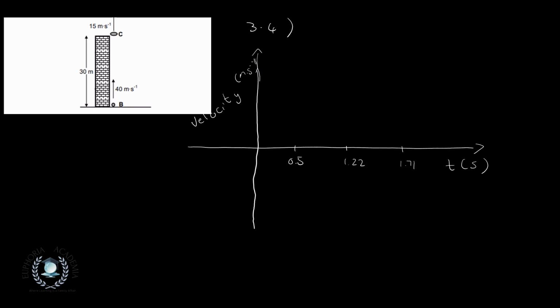Okay, now our initial velocity, we're going to start with the C. Its initial velocity was given as 15 at time is equal to 0, and then it took 1.22 seconds to reach its maximum height where the velocity was 0. So I'm going to draw a straight line. Now it's a straight line because remember our acceleration is constant and it is pointing downwards, so that's why we have a decreasing function.